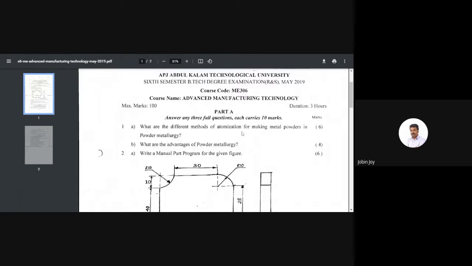Whenever you write this answer, please consider the marks also. When the marks are only 4, you have to write in such a way that you will get 4 marks. Don't elaborate when it is a 4-mark question.